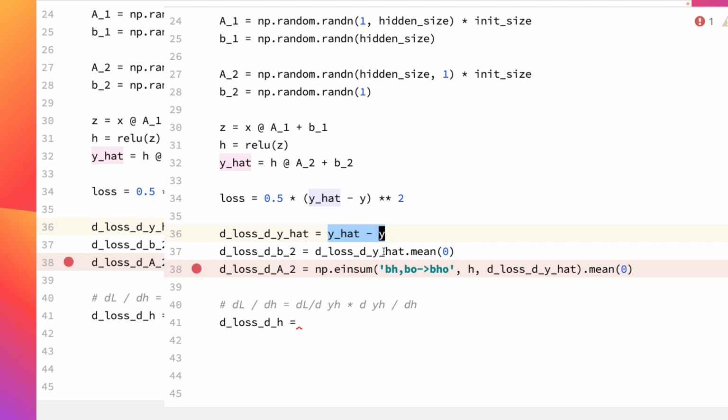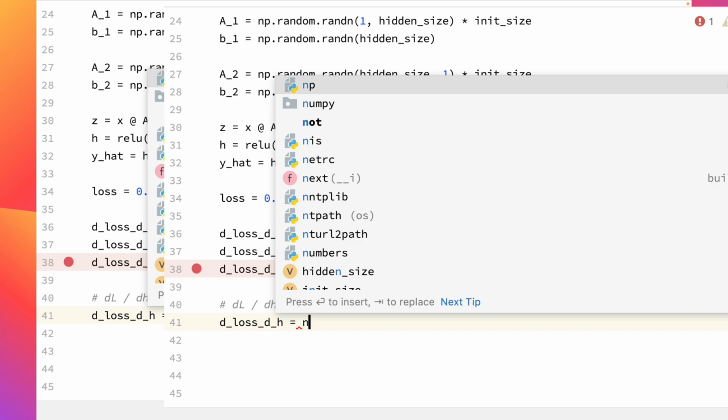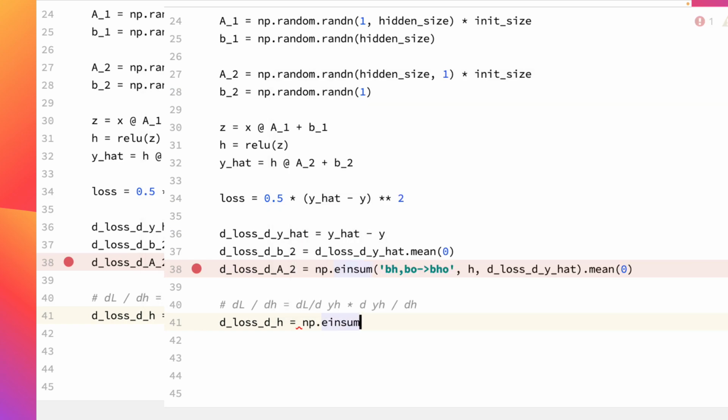This is the one. And dy hat over dh: y hat is influenced by h only through this. I have the equation right here. It's all linear. So what we're going to do is use einsum, right?